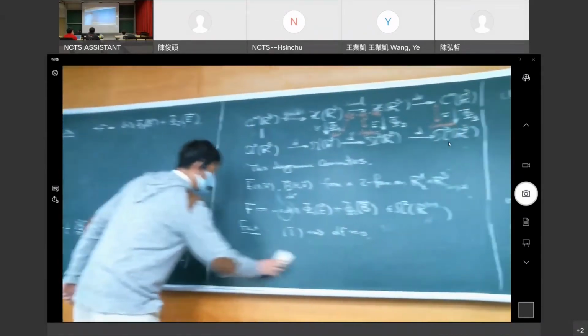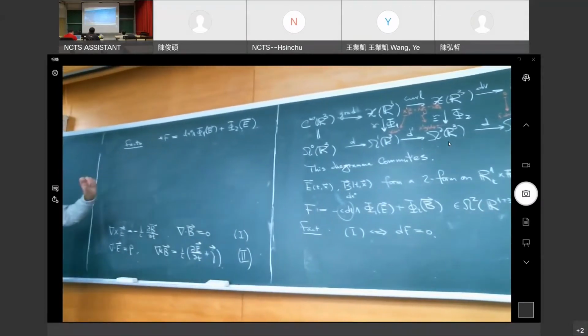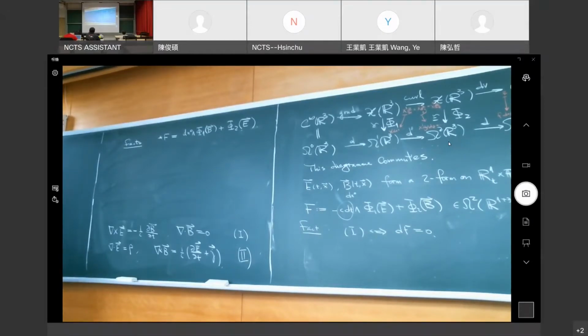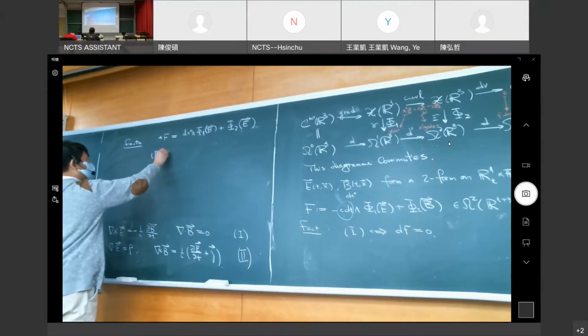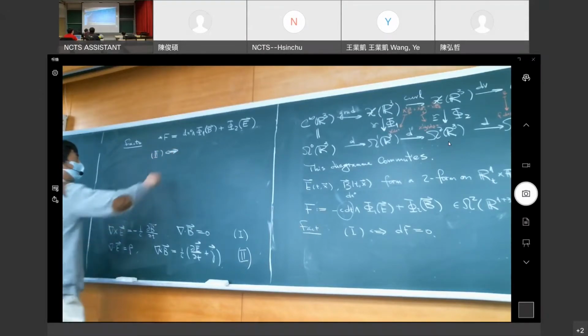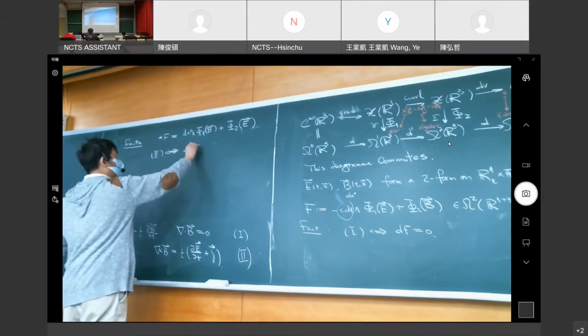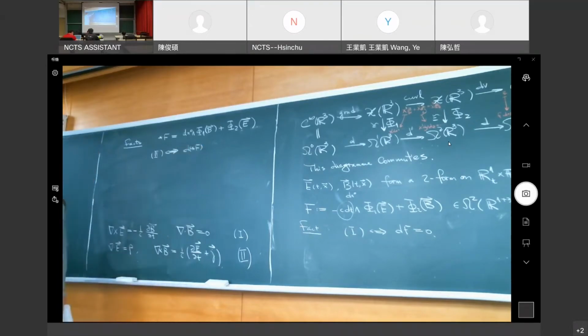Now, Hodge star exchanges essentially electricity and magnetism, and the second group of equations can be written as d star F equal to something.